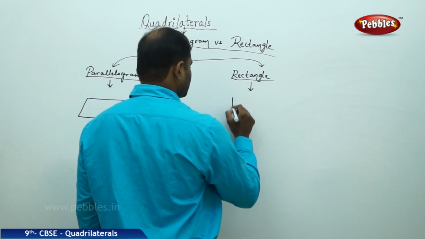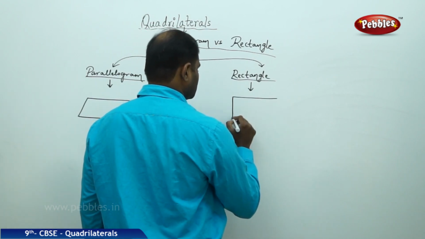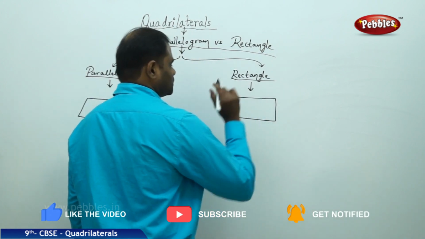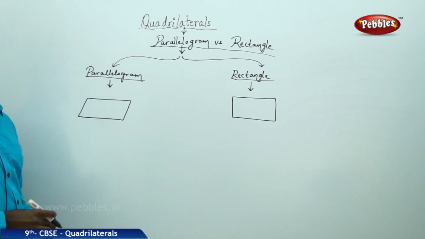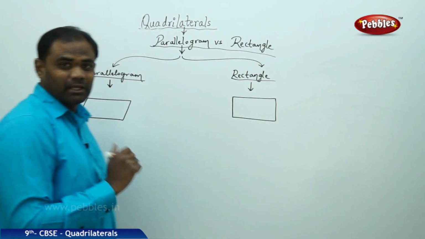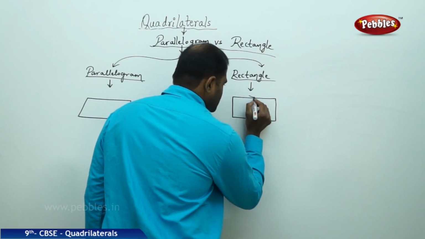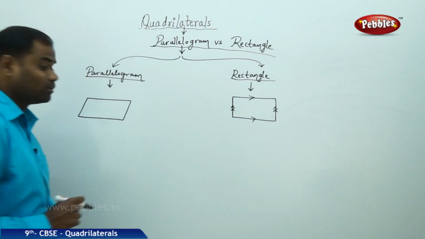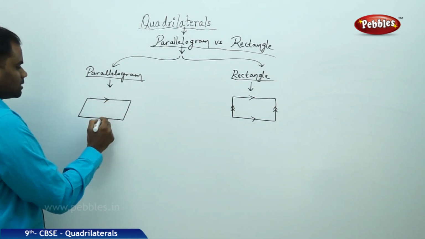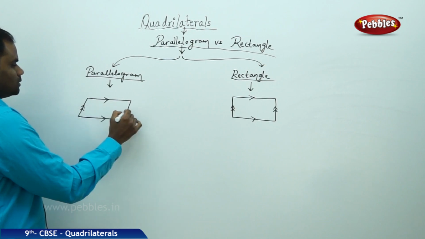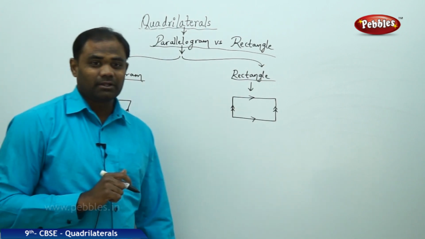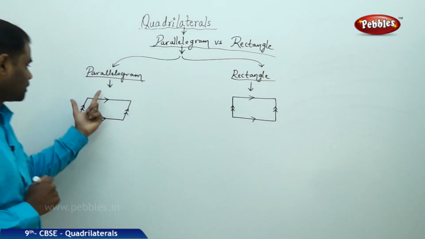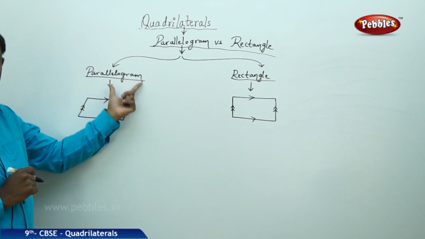Now similarly, a rectangle is an erected shape. Now let's see the properties in common. In a rectangle, we have opposite sides are parallel. In a parallelogram also the opposite sides are parallel. So these are the common properties identified between a rectangle and a parallelogram. Opposite sides parallel for a rectangle and opposite sides parallel even for a parallelogram.